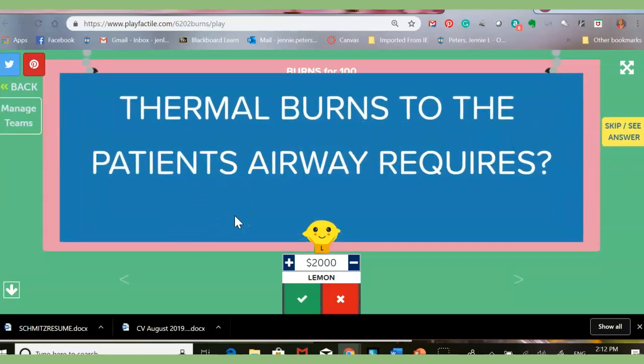So thermal burns to the patient's airway require what? If you have a thermal burn due to fire, smoke inhalation, or even some people can have chemical inhalation burns too, which happened in, I think, Winthrop Harbor or Zion, not last semester, because my daughter works in the ER at Vista, and they got a whole bunch of chemical airway burns.